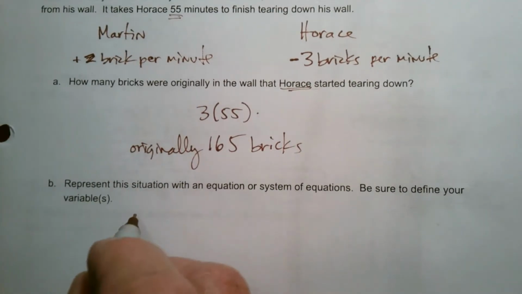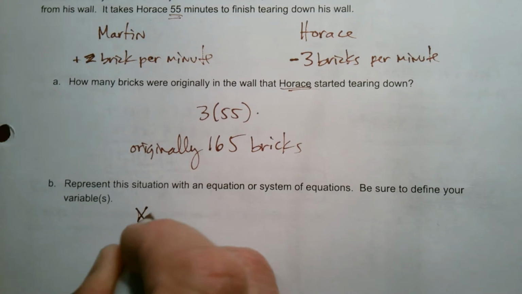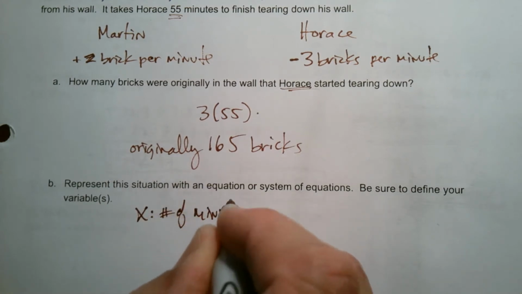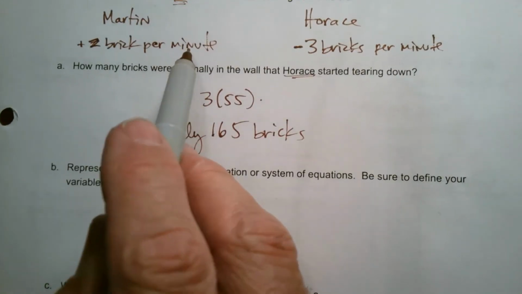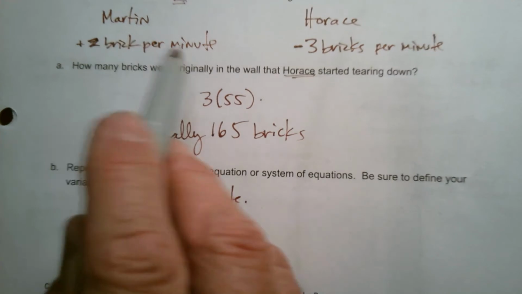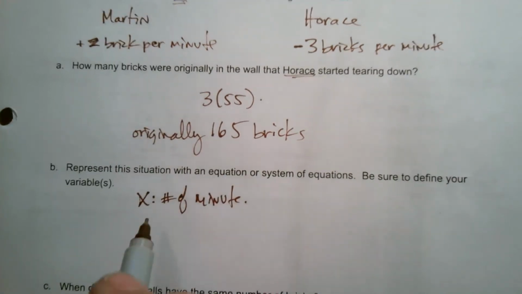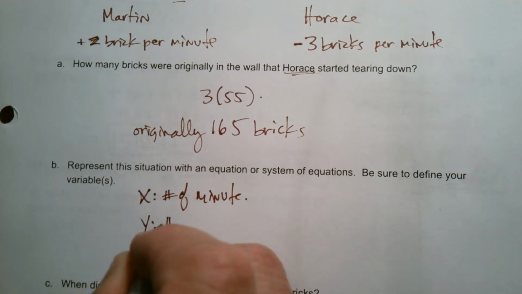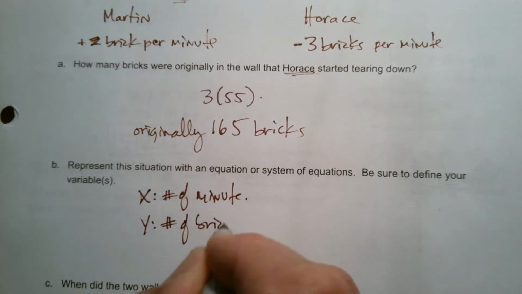So I'm going to say x is the number of minutes. Multiplying the number of minutes times the number of bricks per minute gives me my number of bricks, which will be y.